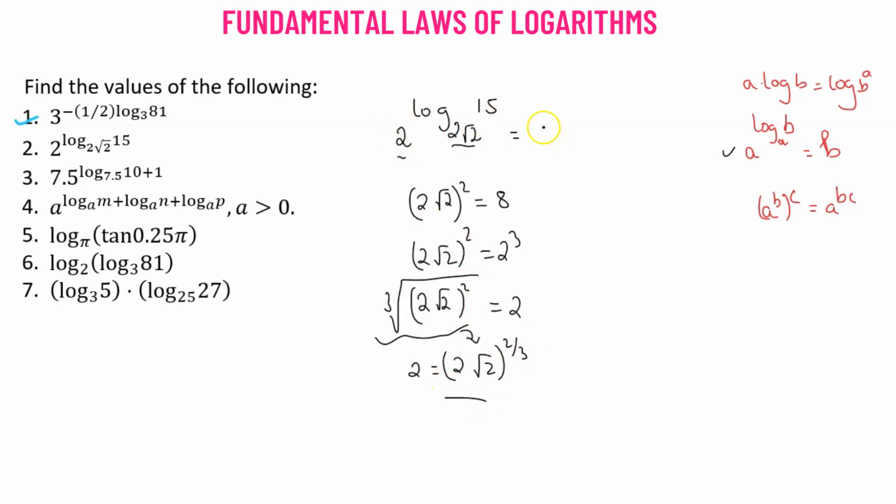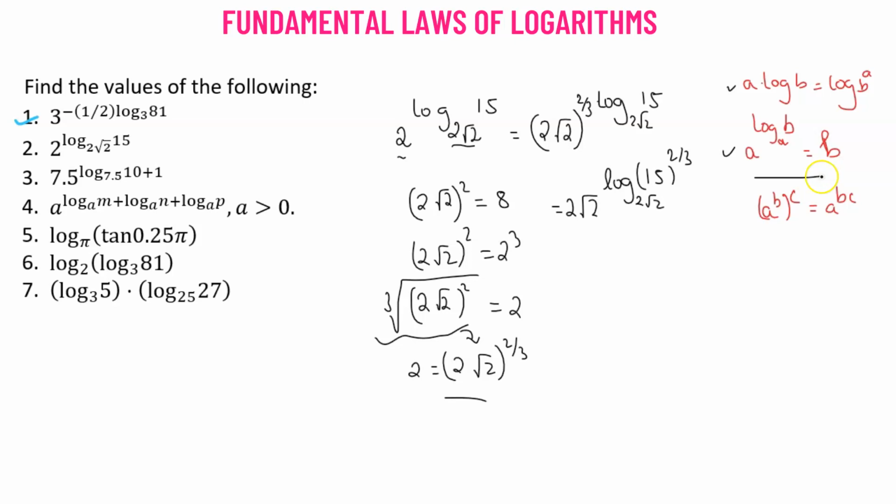So we have 2 square root of 2 raised to the power of 2 thirds, multiplied by log of 15 with a base of 2 root 2. Now we will use this property to raise 15 to the power of 2 over 3. So we have 2 times square root of 2 raised to the power of log of 15 to the power of 2 thirds with a base of 2 root 2.